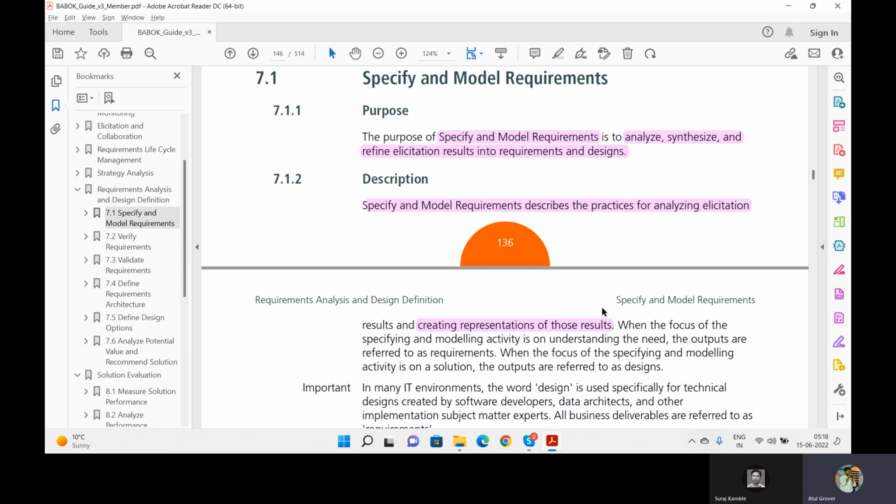This is the purpose of this particular thing. So whenever you are doing requirement gathering, like you said that you went for some workshops as well, try to do the modeling for the same, how they are interrelated, how I can represent it to the customer so that the customer also understands it properly.